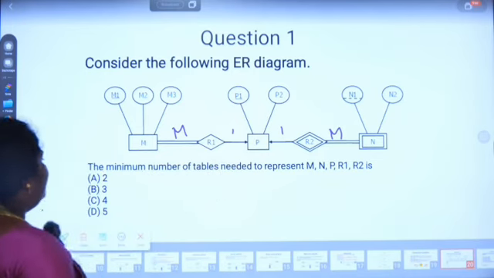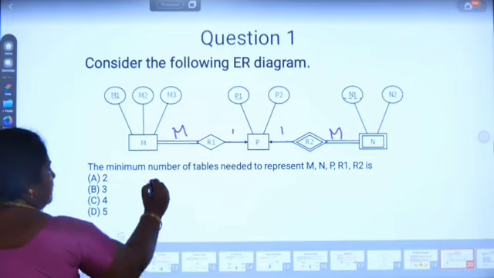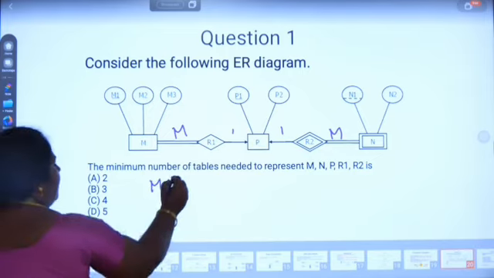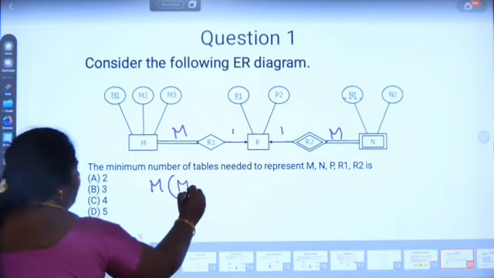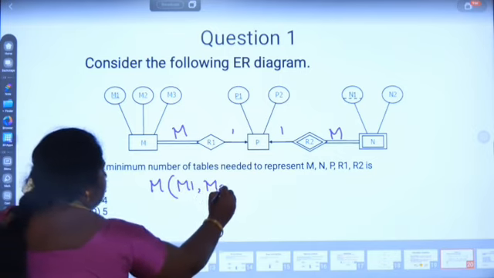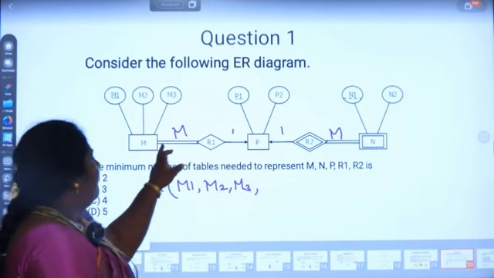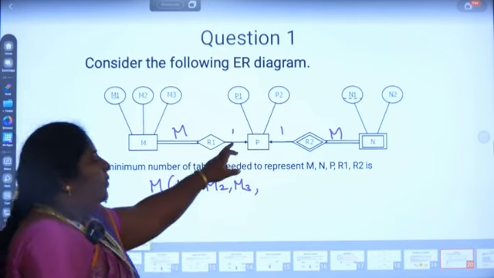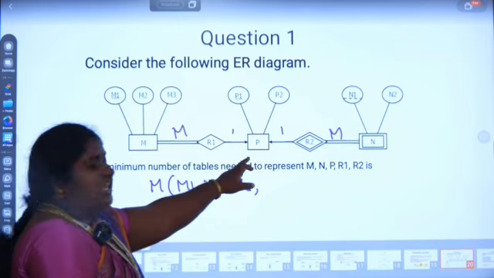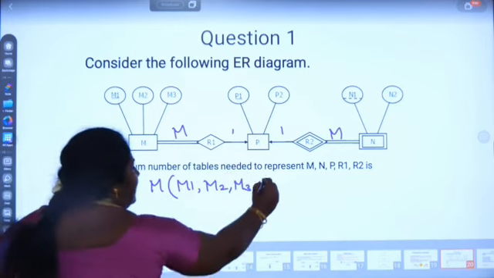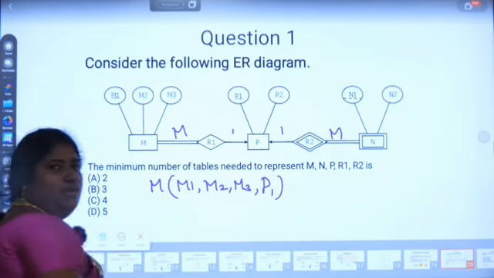So here, for the table M, it consists of the properties M1, M2, M3, plus, since it has a many to one relationship, the primary key of P has to be included in the first table. So here it consists of P1 also.